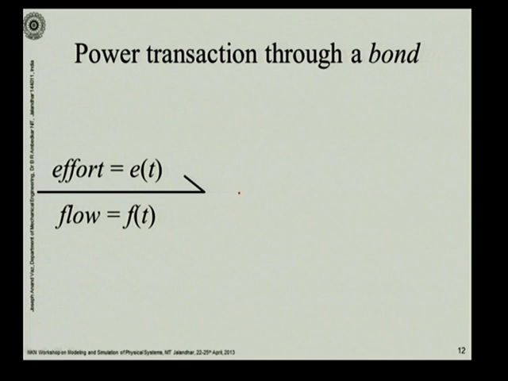So this arrow is representing the transaction of power, but you require an effort variable which is represented by E, and it can be represented at any time t, and at the same time you also have to have a flow variable which we will represent using F. Okay, so power requires two variables, an effort variable and a flow variable.